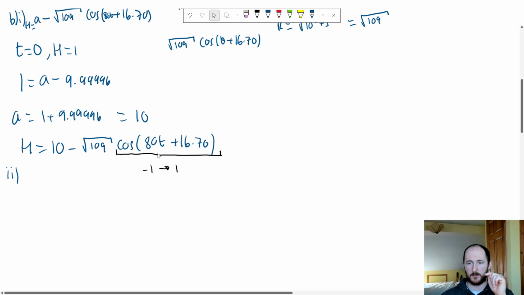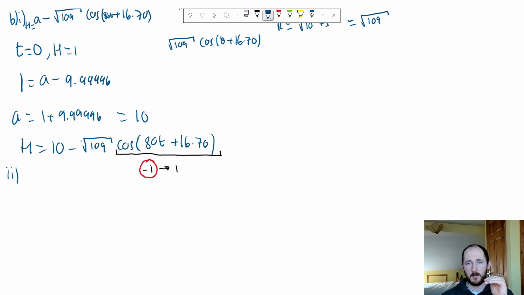So if I make that equal to 1, what's my greatest height? Well, again, that's the biggest this can be, right? Is 1. But we're looking at minus over here. So for this to be as big as humanly possible, I want cos to be as small as humanly possible, which means I want the cos function to equal -1, because that'll make it as big as possible.